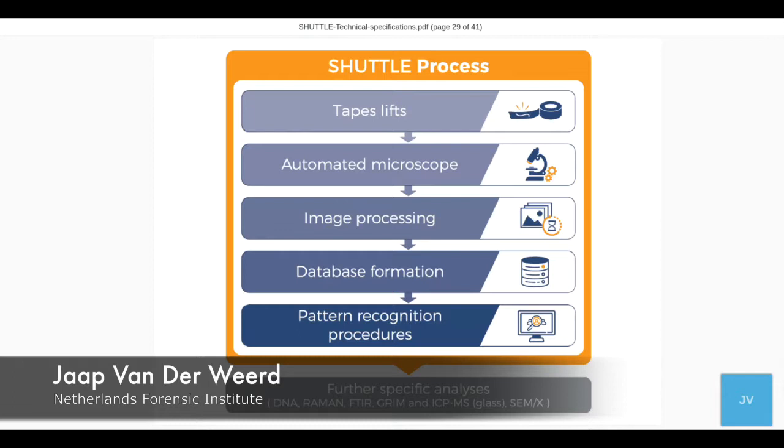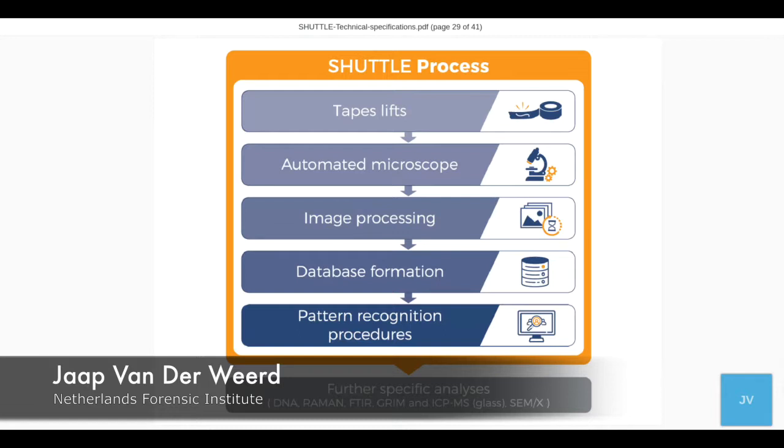First tool is the tape lift. What I explained: we need a tape that's microscopically clear, so that we can use the tape for recovery of traces, but also for high magnification microscopy. Of course, we need a microscope that works in an automated fashion. We need tools to process the images that are acquired during the microscopy.